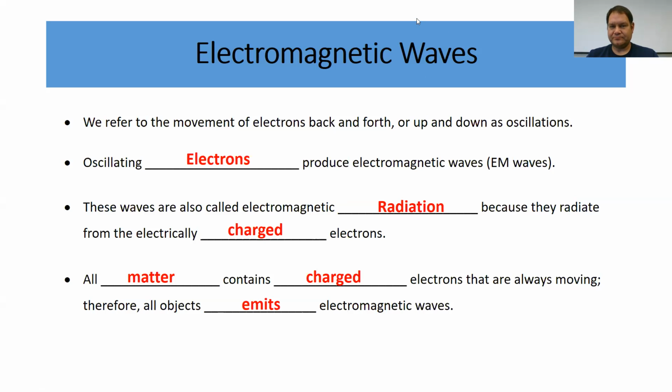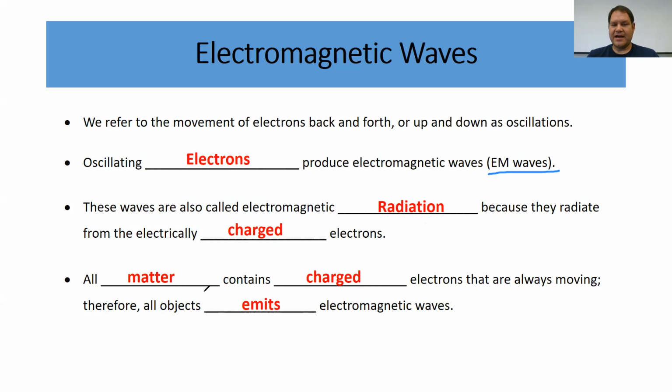So EM, electromagnetic waves. Electromagnetic waves are also called electromagnetic radiation because the waves radiate in all directions from an electrically charged electron or any electrically charged particle. Okay, so any charged particle, this electromagnetic radiation or light radiates out.